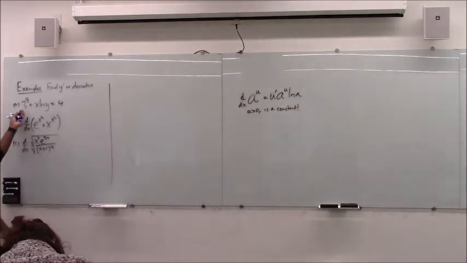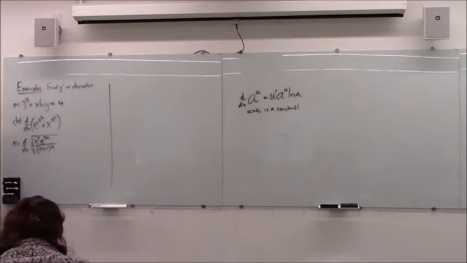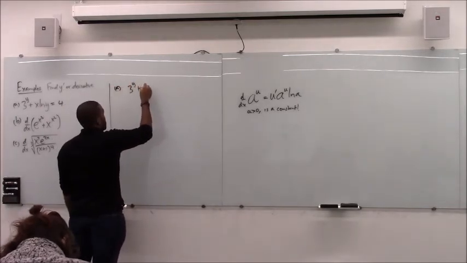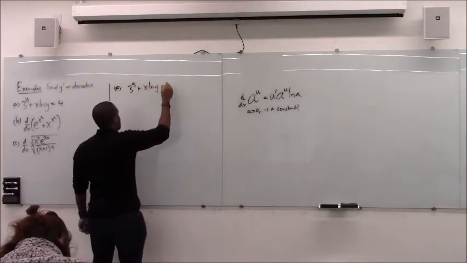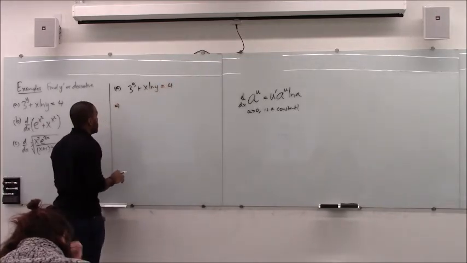And that definitely applies here. This looks like an a to the u where your 3 is in the place of a and your y is in the place of u. So that being said, if I have 3 to the y plus x ln y equals 4, how do I go about differentiating this, finding y prime?